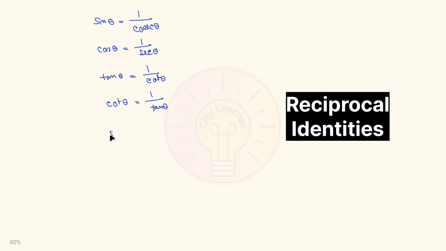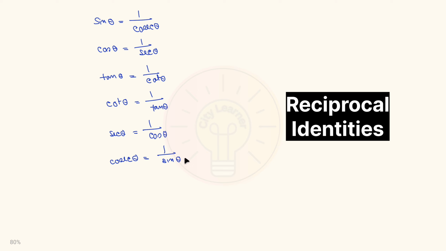So you can see here sin theta is equal to 1 by cosec theta, cos theta is equal to 1 by sec theta, tan theta is equal to 1 by cot theta, cot theta is equal to 1 by tan theta, sec theta is equal to 1 by cos theta, cosec theta is equal to 1 by sin theta.